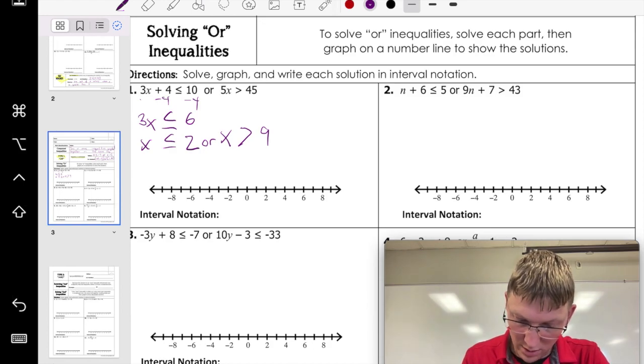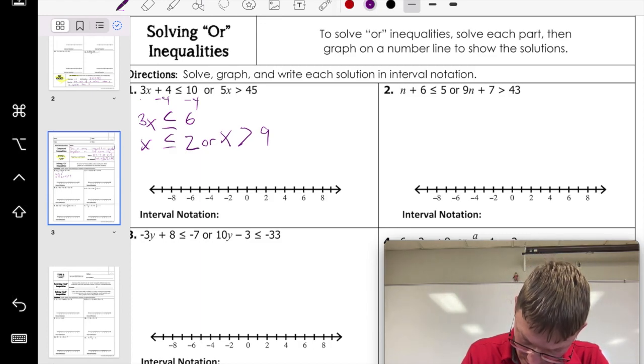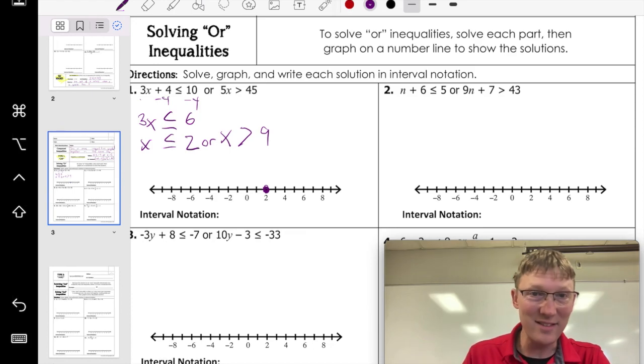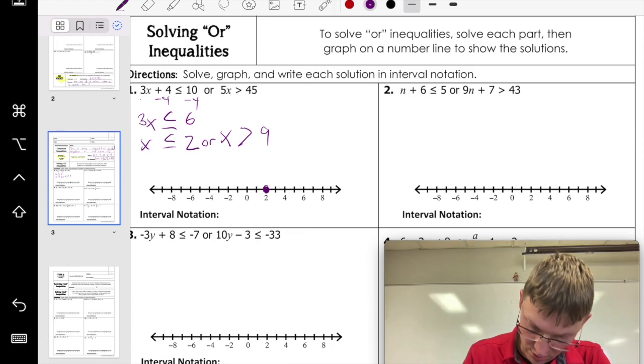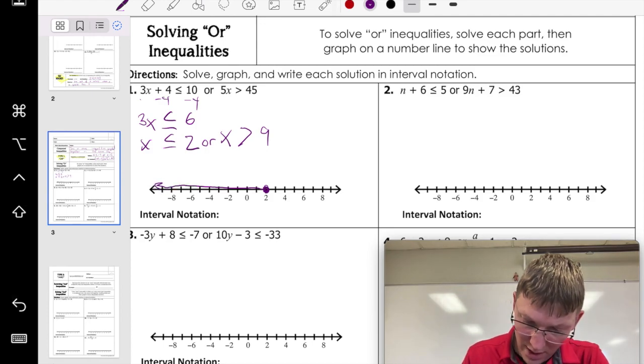So if we wanted to graph that, what does it look like visually down here? So x is less than or equal to 2, so we find 2, and it's going to be a solid dot. And then x is lower than 2, so we're going to draw a line over here. And where we draw the line, our solution can be anywhere on this line.